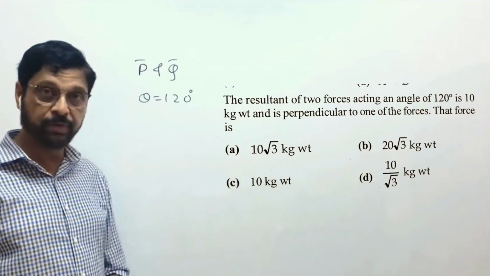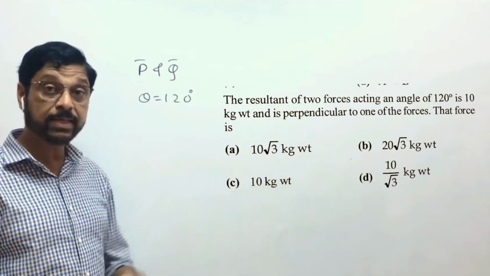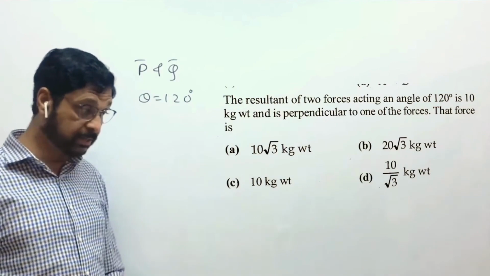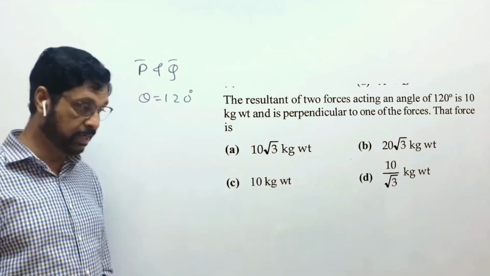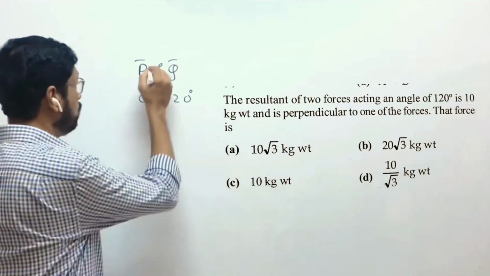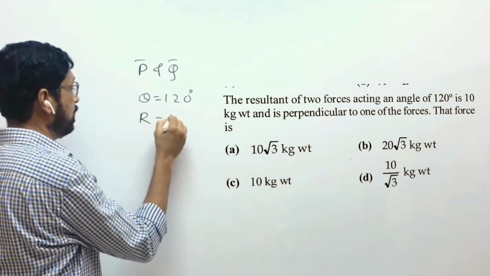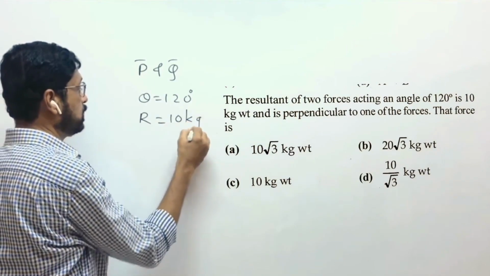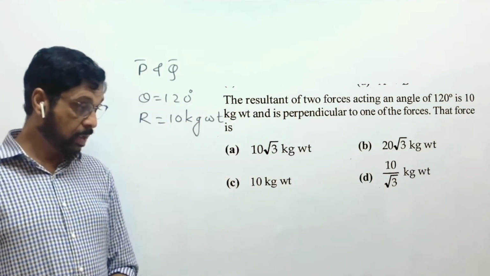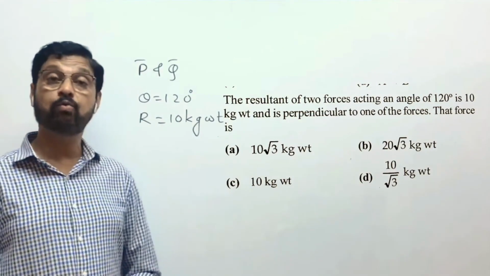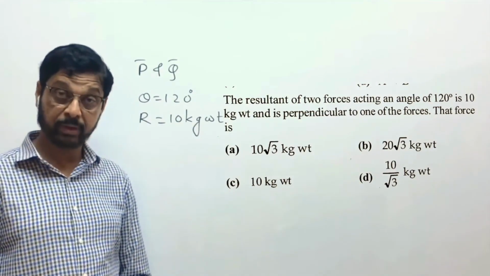Is 10 kg weight. What is 10 kg weight? Read the whole sentence. The resultant of two forces acting at an angle of 120 degree is 10 kg weight. The resultant of these two forces is 10 kg weight and perpendicular to one of the forces.